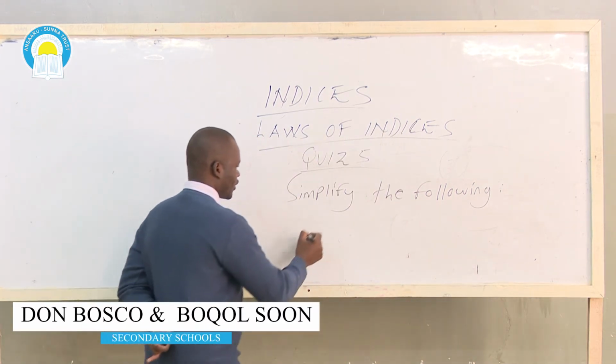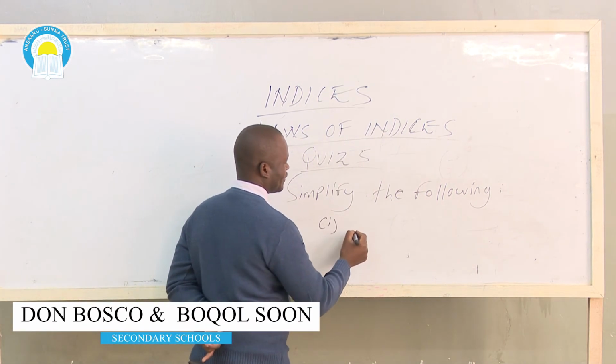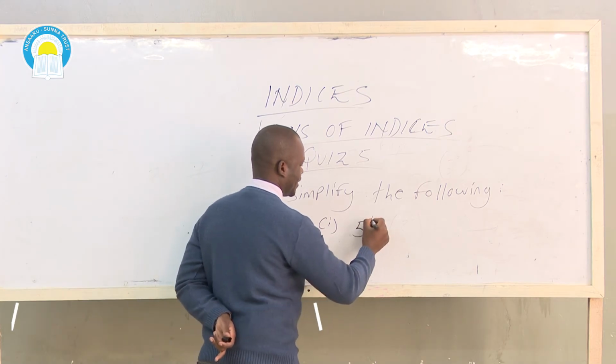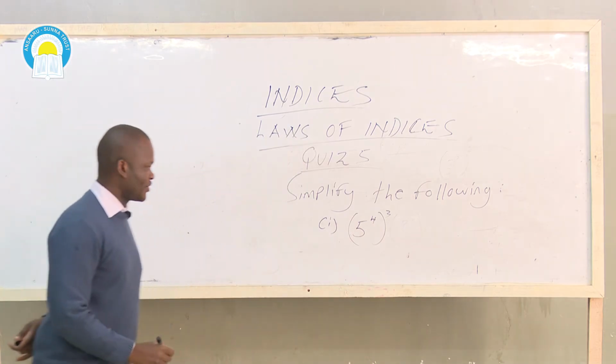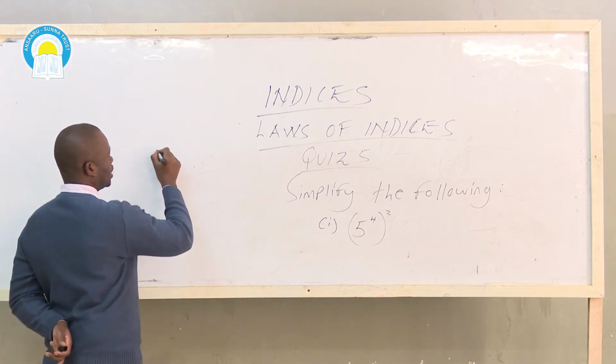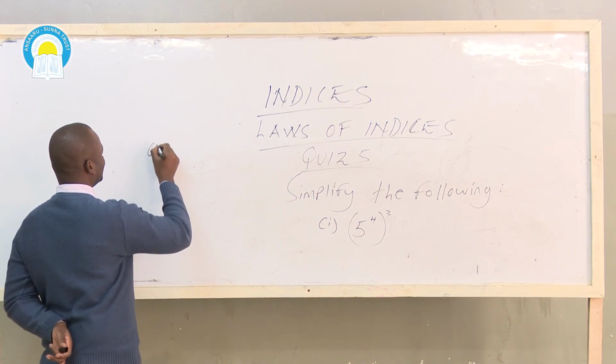Roman 1, we have 5 power 4 raised to power 3. Roman 2, let me have it in this position.